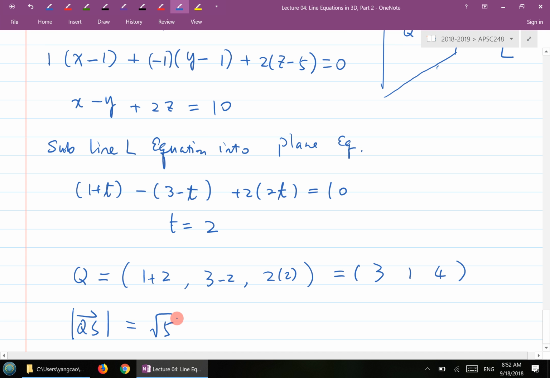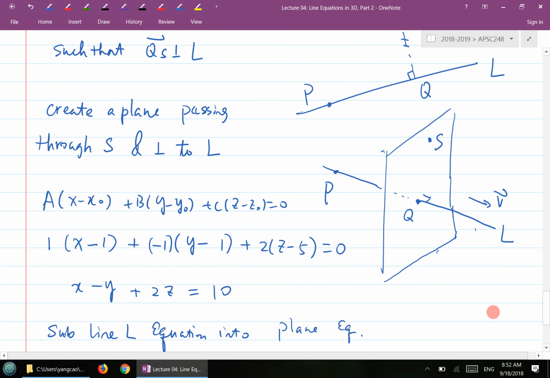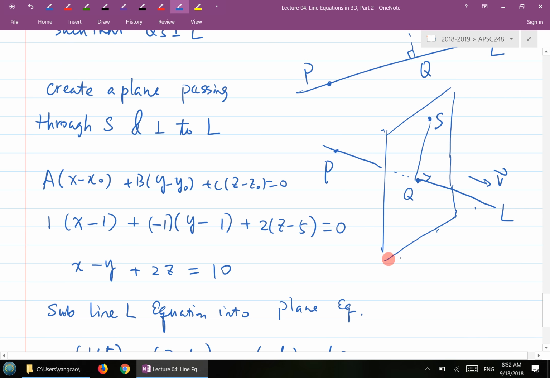Yes? How do you know that QS is a... Yeah, that's a very good point. Because the plane we created here is perpendicular to the line L, which means the line L is perpendicular to the plane.